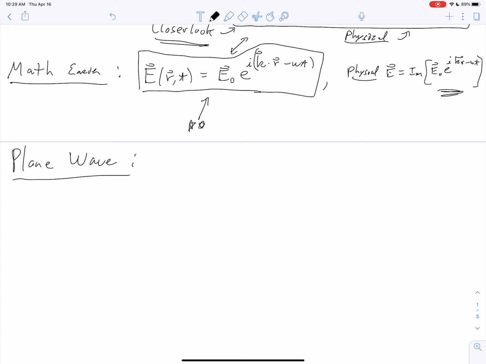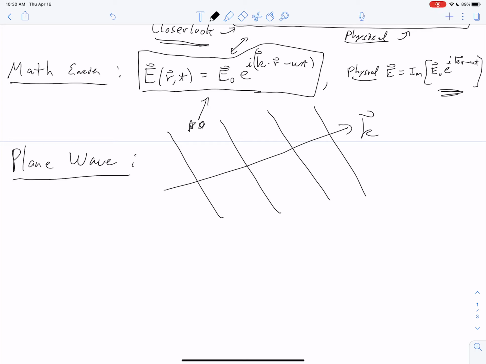Because if I were to plot that function out, what you would see is that you get these planes, and they're moving in a direction k. And the planes are perpendicular to k. This is a right angle.